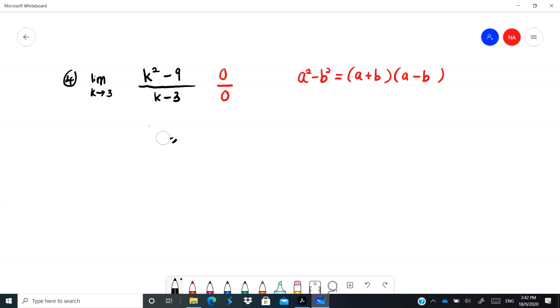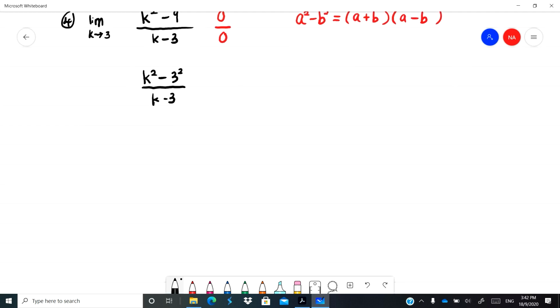If you don't see that, never mind, I'll write one by one. k squared minus 3 squared over k minus 3. So you'll have k plus 3, k minus 3 over k minus 3.